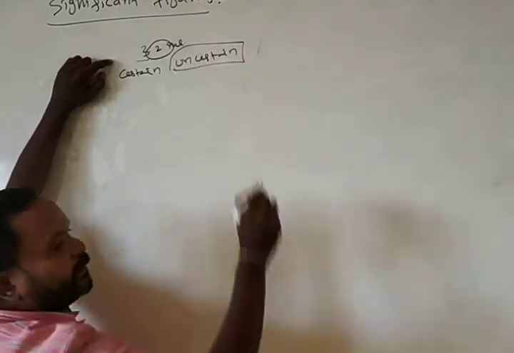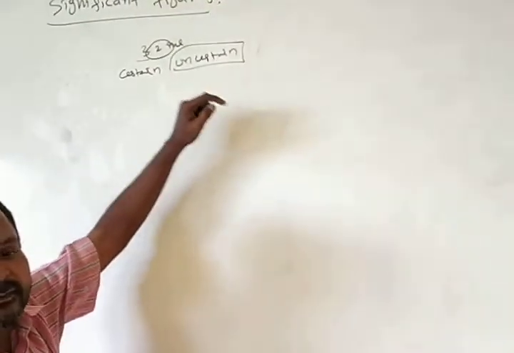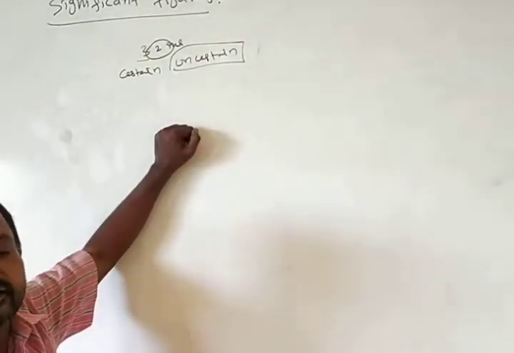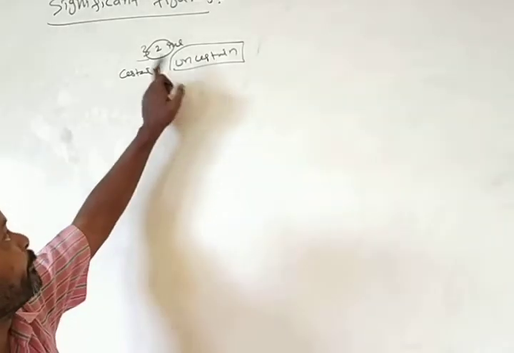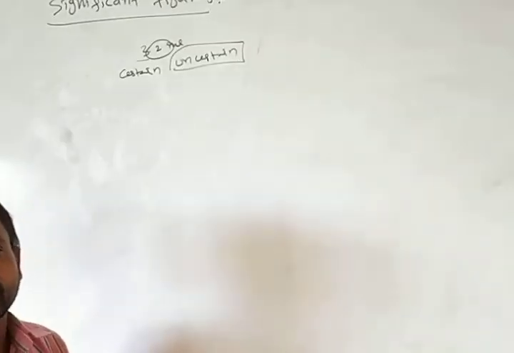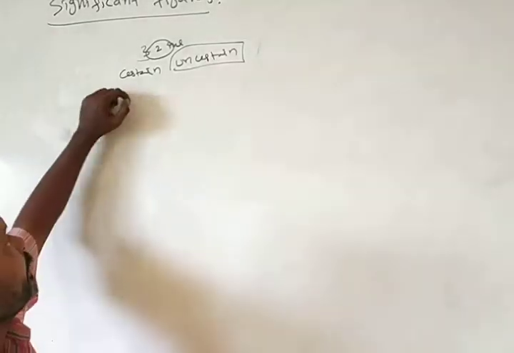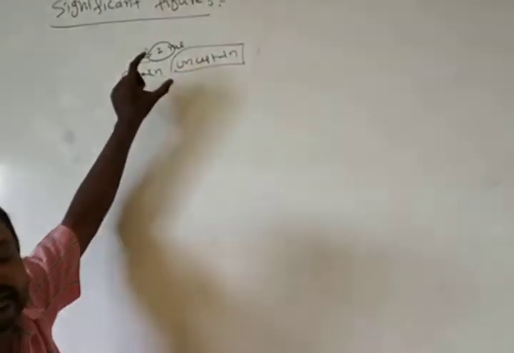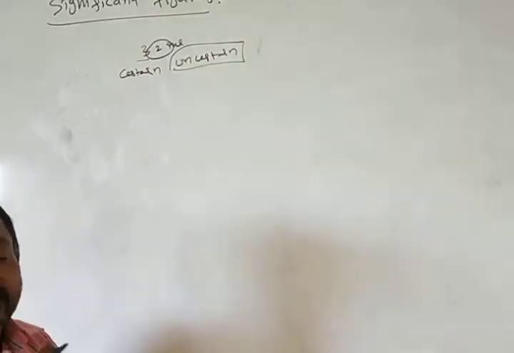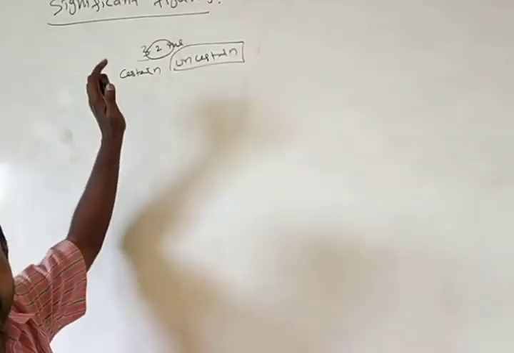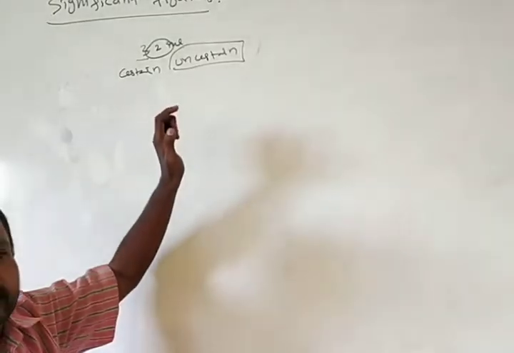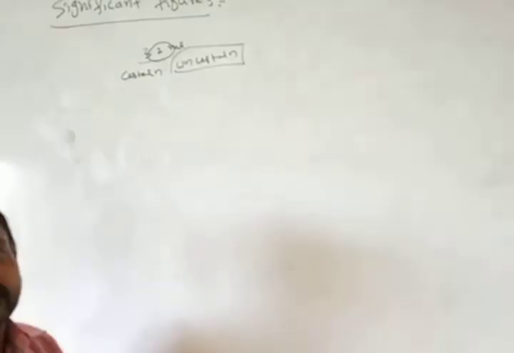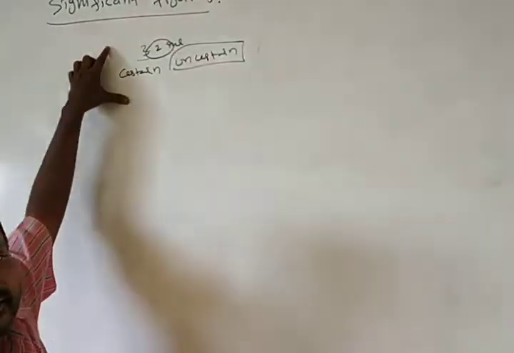This uncertain value does not have proper importance in the calculation part. During the calculation, we calculate the exact numbers and the important numbers, those which have more importance. Those numbers we call significant numbers.